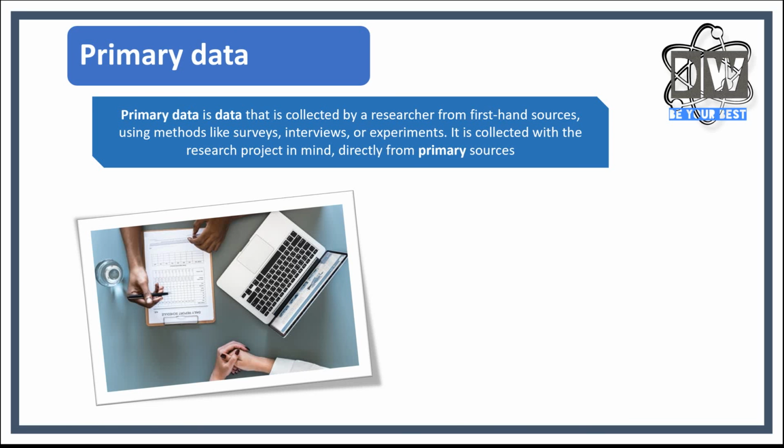So on the whole, we've got discrete data, which is can you count it? We've got our continuous data, do you measure it? And we've got primary data, where we're going to a source, asking the questions, and bringing that information back in.